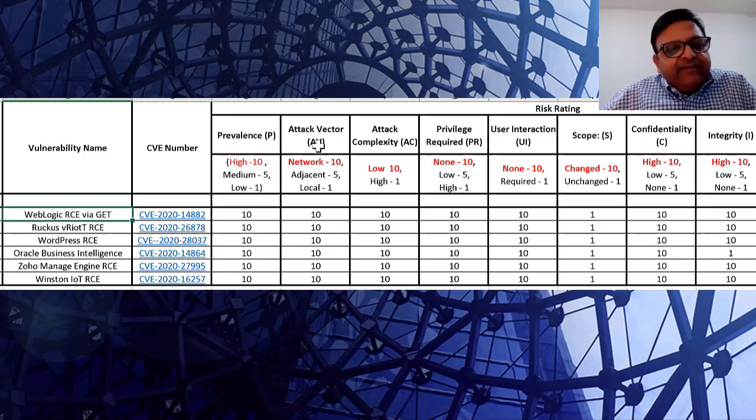For the attack vector, there are 3 choices. The attacker could be located across the globe, in which case they would be attacking over the network, or they could be on an adjacent machine. Having attacked one machine, they could creep onto the next machine, which is a little harder to do, so I've rated it at 5. Or you could be on the specific machine you are targeting and attack an adjacent process on that same server.